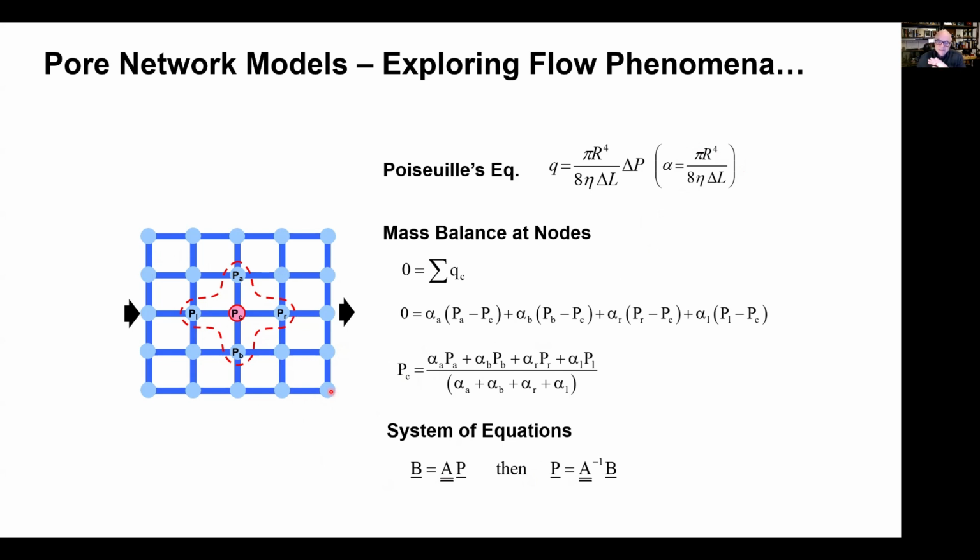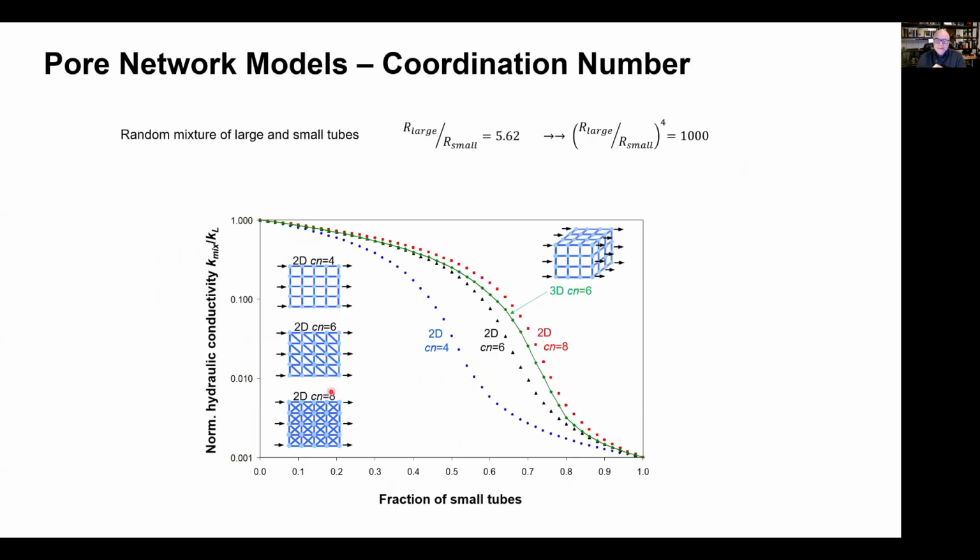Now that we have this ready, we can play with network models, and one thing is that we may want to define the network with more interesting connectivities. It doesn't have to be just like a cubic pattern. It could be 2D with different coordination numbers, or it could actually be 3D, and the 3D could also be more complex.